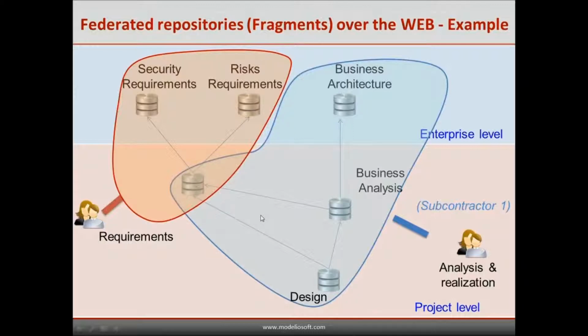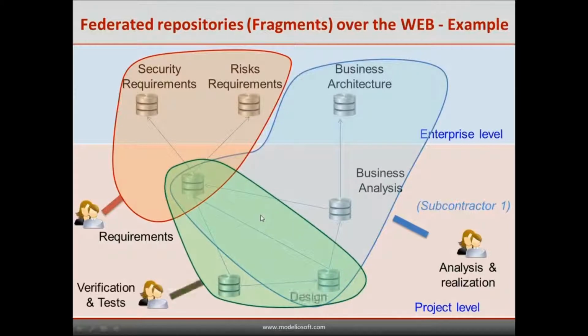And then we'll have another team who will realize the tests of the project. And that team will define a specific fragment for tests. And these fragments will be based on requirements and the design of the application.